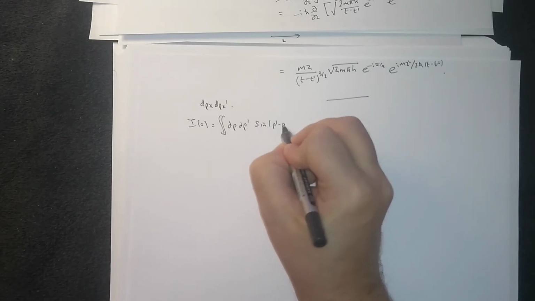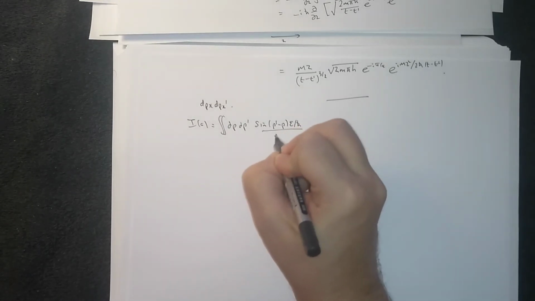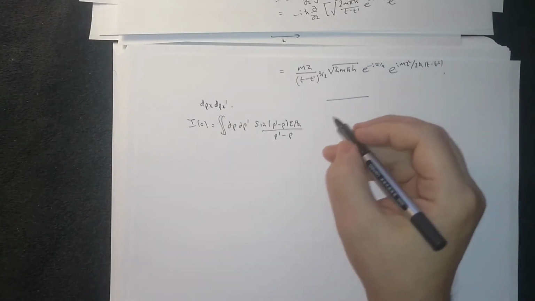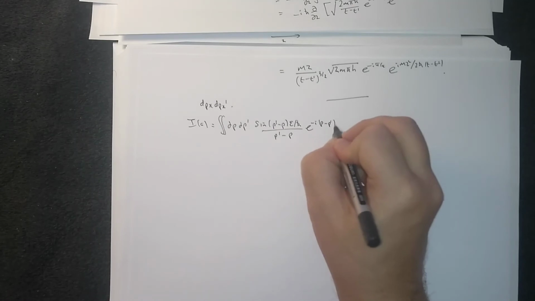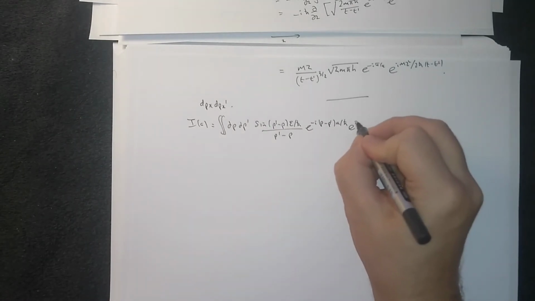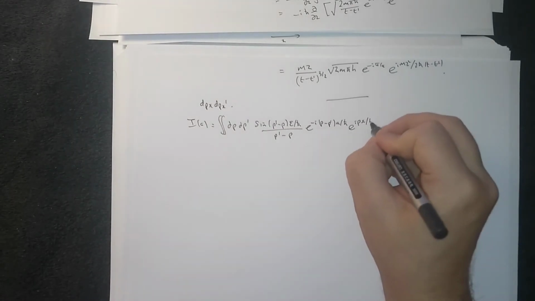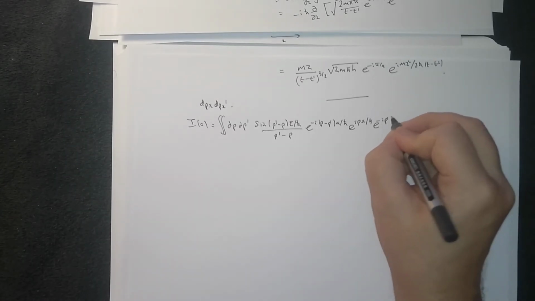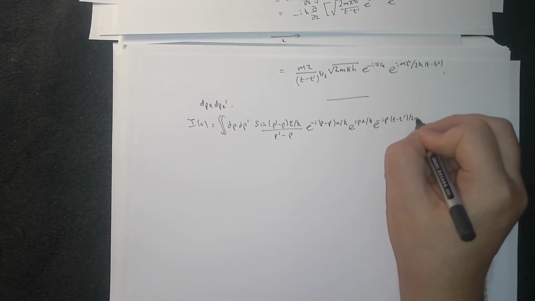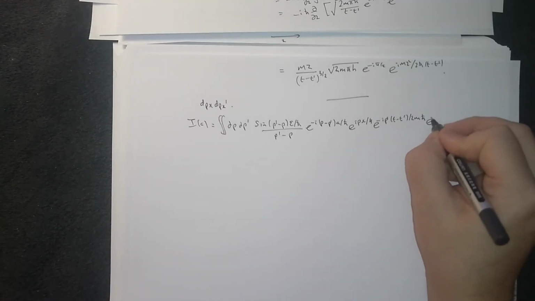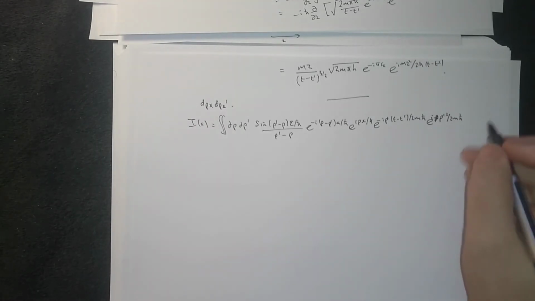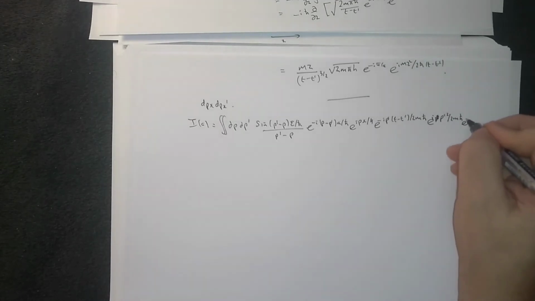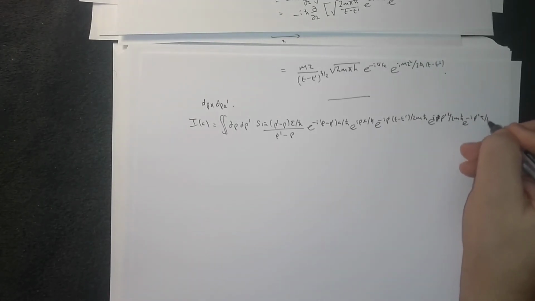So sine of (p prime minus p) epsilon over h bar, over (p prime minus p). So I've dropped the subscript x just for notational convenience. E to the i p prime squared over 2m h bar, e to the minus i p prime squared tau over 2m h bar.